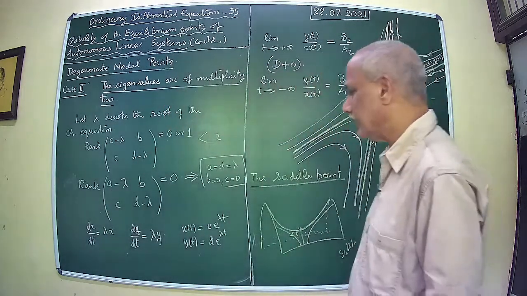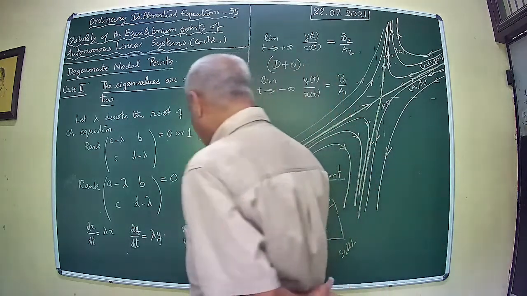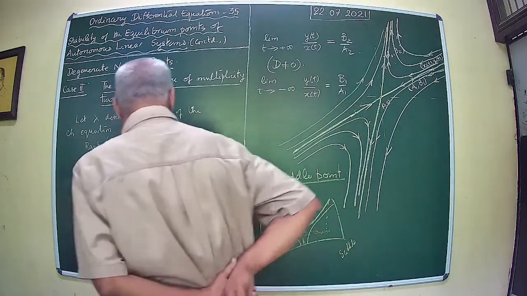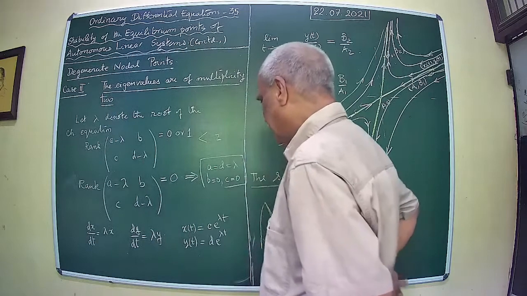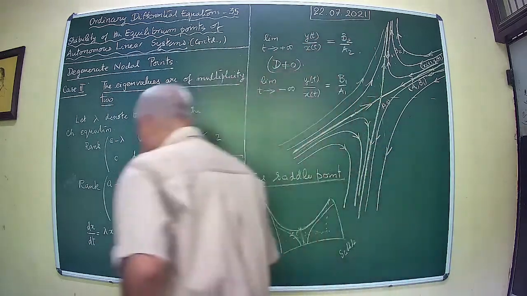So the solution is essentially of the form c e to the power lambda t, d e to the power lambda t.